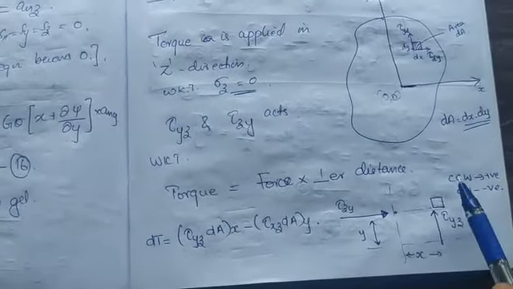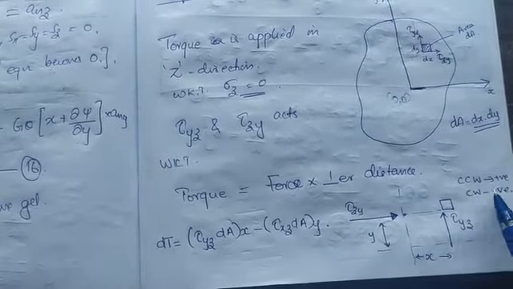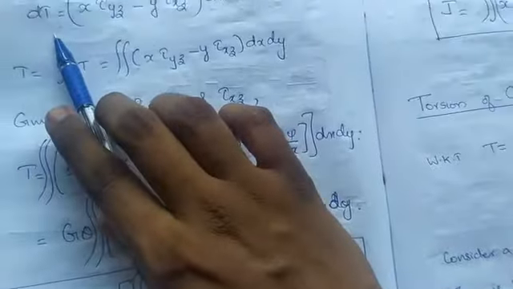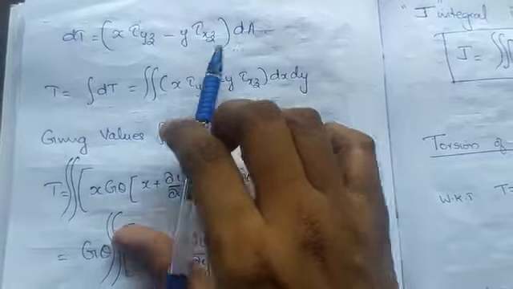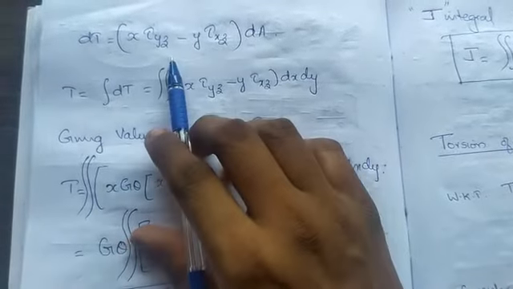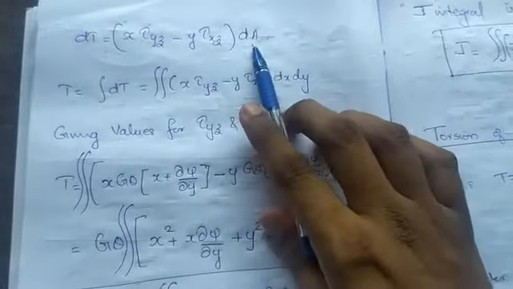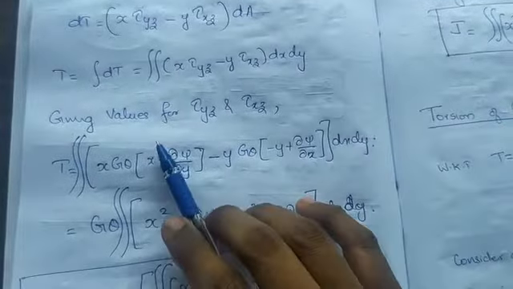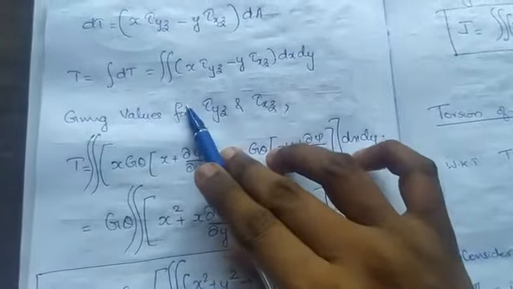You consider counterclockwise as positive and clockwise as negative, then you get this formula. And you get dT is equal to x into tau yz minus y into tau xz, into dA, right? Now you integrate this. Instead of dA, you can write dx dy, the area. Since you have dx dy, there will be a double integration here.